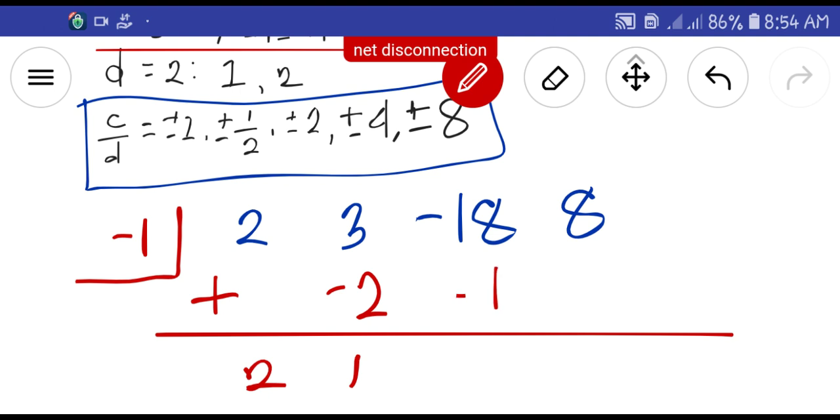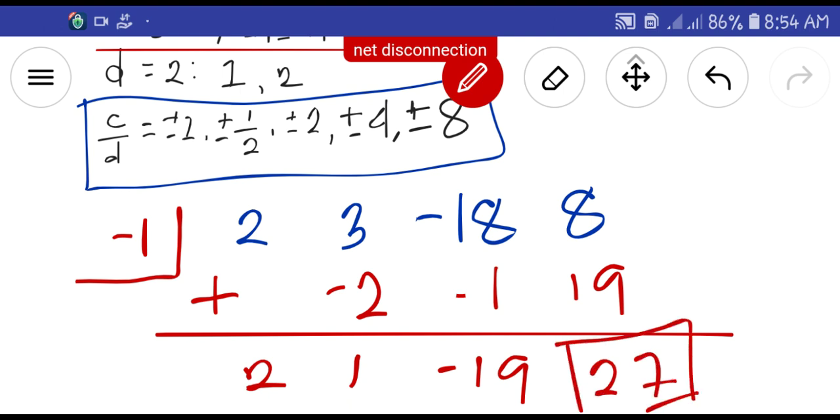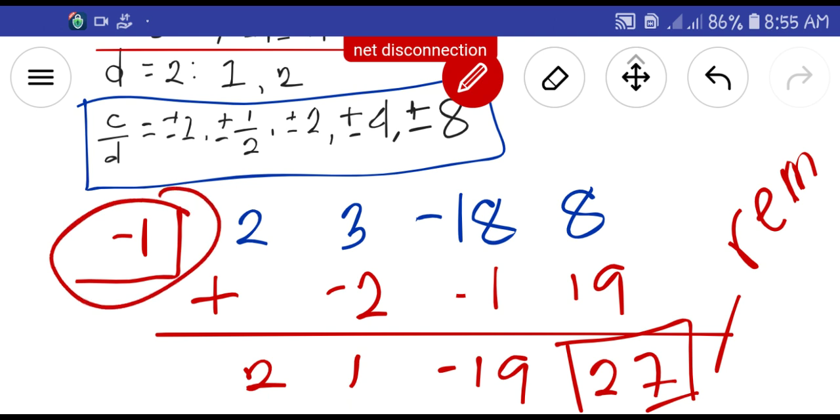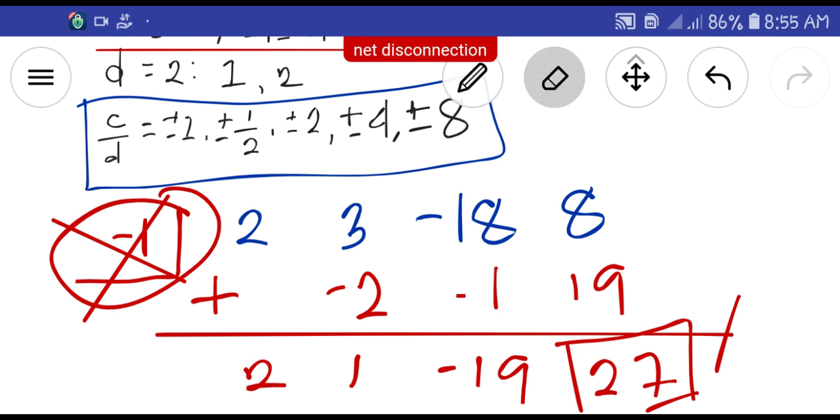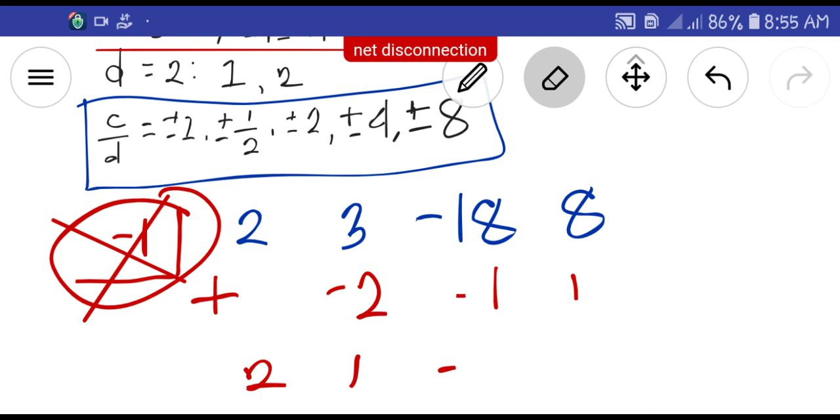Negative 18 plus negative 1 is negative 19. And negative 19 times negative 1 is positive 19. So this is 27. In this case, the remainder is not 0. Therefore, this is not a real root of your cubic equation. So we need to test the other roots to find the first real root of this equation.